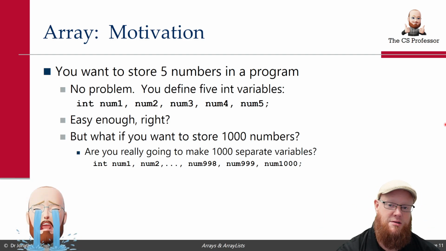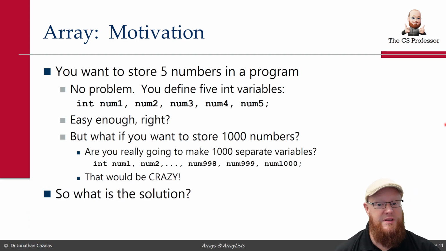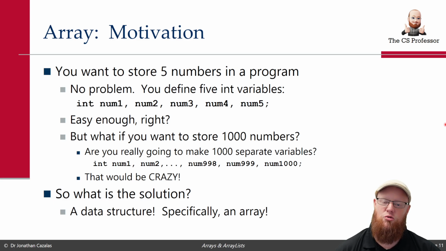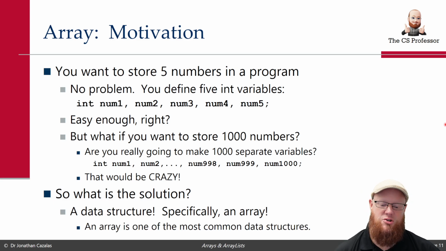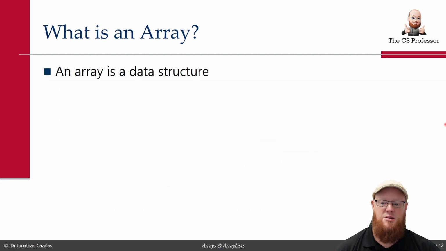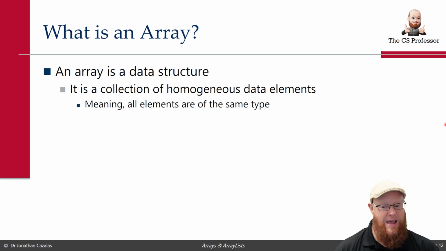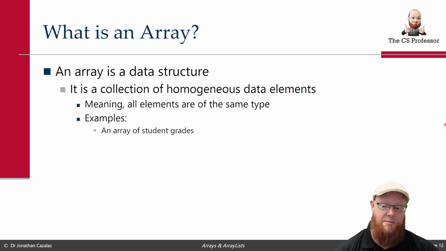That would be a disaster to make 1,000 different variables. So what would we do instead? We make an array. We use a data structure. An array is one of the most common data structures in practice. So what's an array? It's a data structure. It is a collection of homogeneous data elements, meaning elements of the same type.